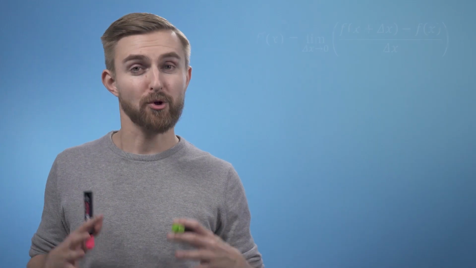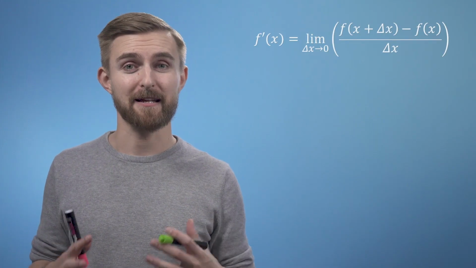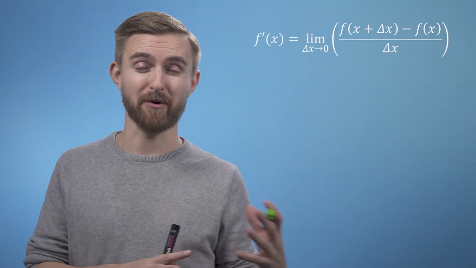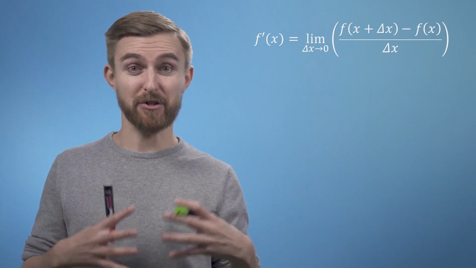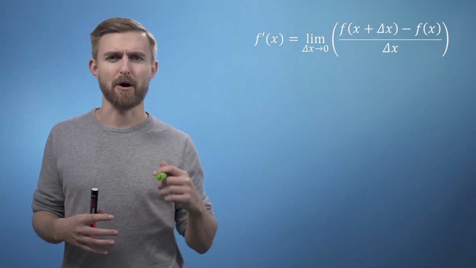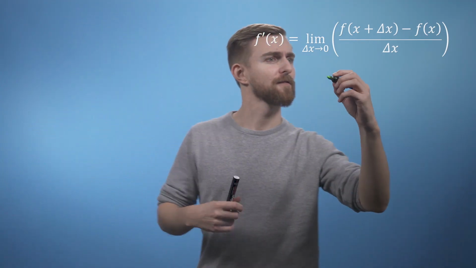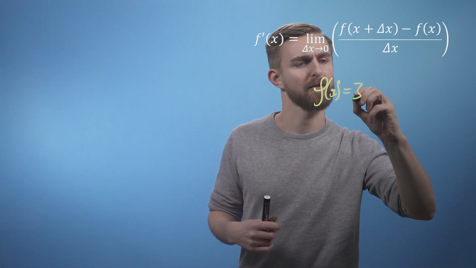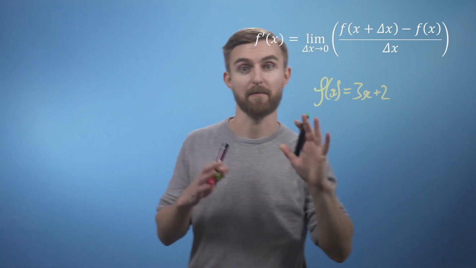Let's now put our new derivative expression into practice and see if it works. First, we should try this out on a linear function once again, as we know that the answer is just going to be a constant. So, what will the gradient of f of x equals 3x plus 2 be?